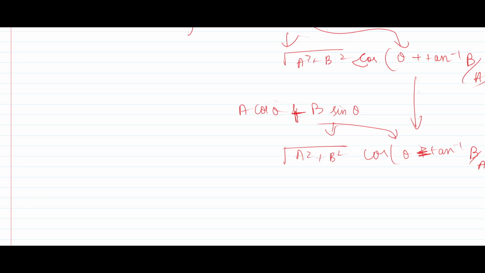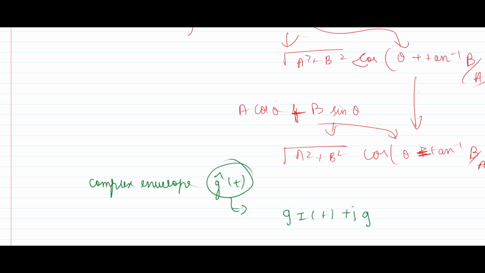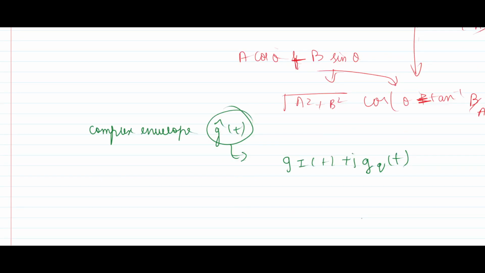So another trick, how to find the complex envelope, which was g cap(t). It is very easy to find. It is the in phase component plus j times the quadrature component. And how do you find the normal envelope?